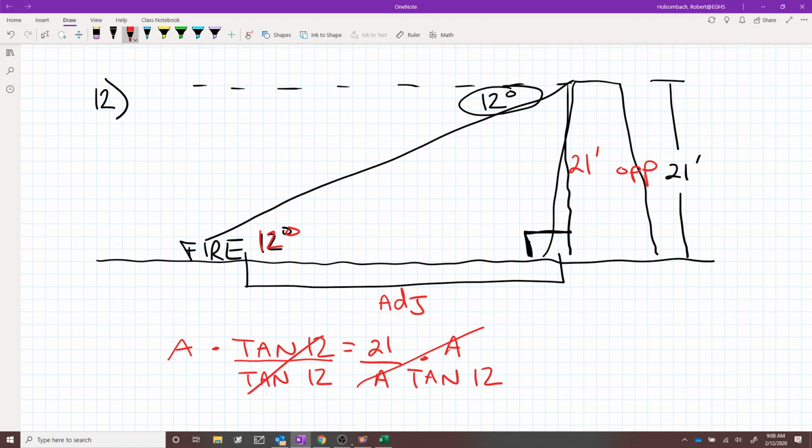The tan 12s will cancel, and your A will be equal to 21 divided by tan 12. And I got 98.8. We're rounding to the nearest foot, so we need a whole number, so that's 99 feet from the base of the tower.